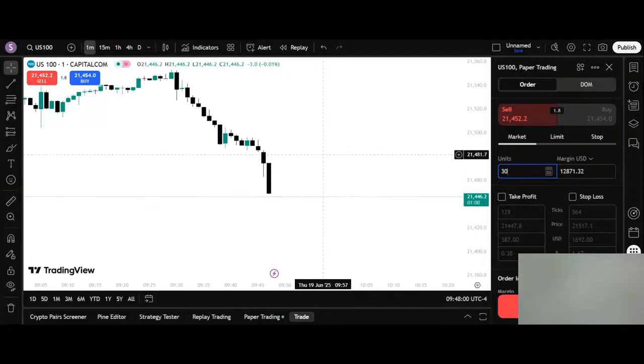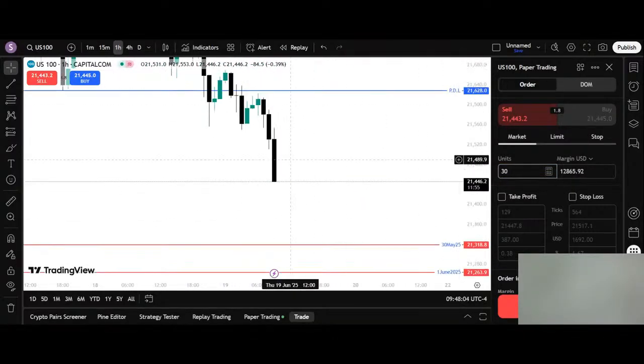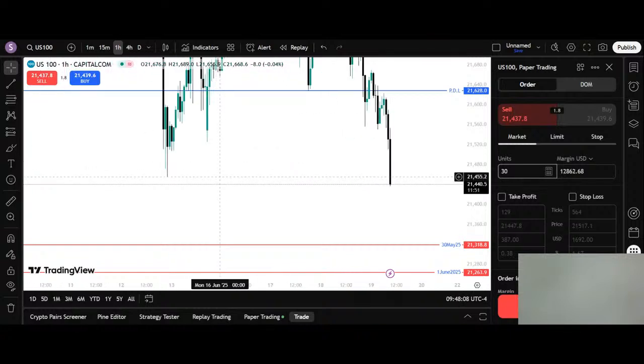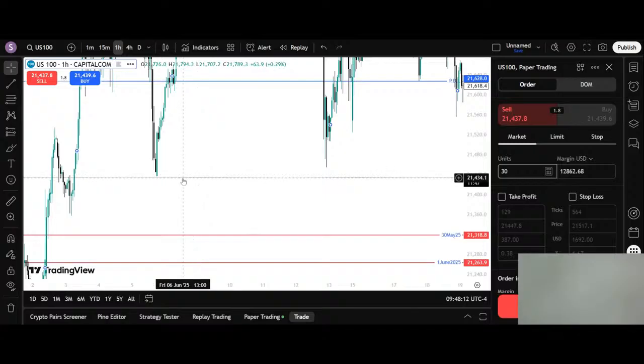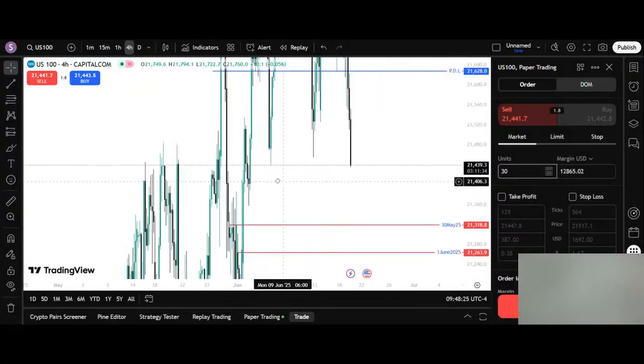It has taken the first liquidity target at 454, right here. Also, it has taken this as well. Only 358 is left on the 4-hour chart, 440.